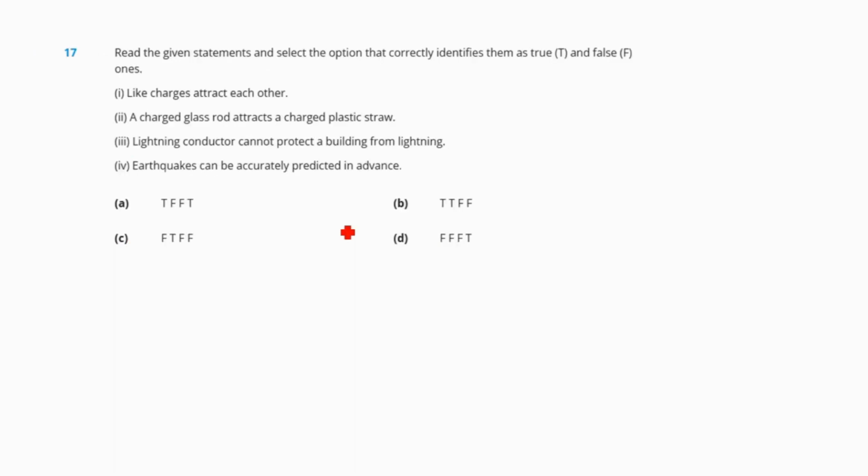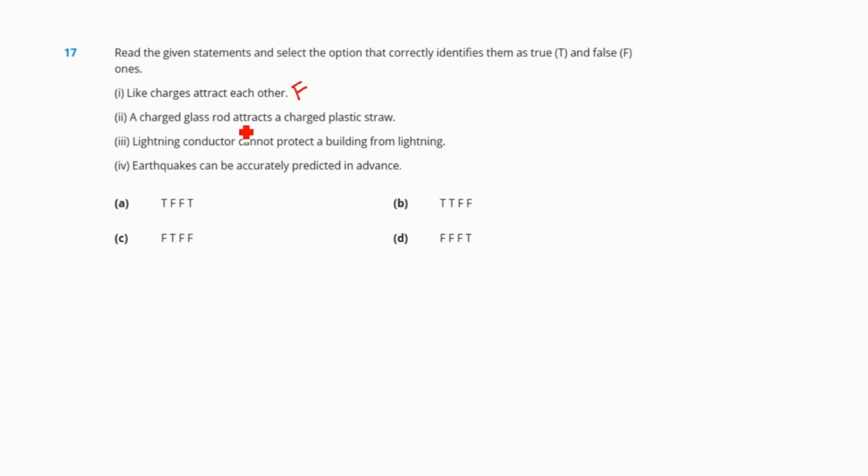Question 17. Read the given statement and select the correct answer. We have to correctly identify them as true and false. Like charges attract each other. So this is very wrong. Like charges never attract each other. Instead, they repel each other, right? This is false.